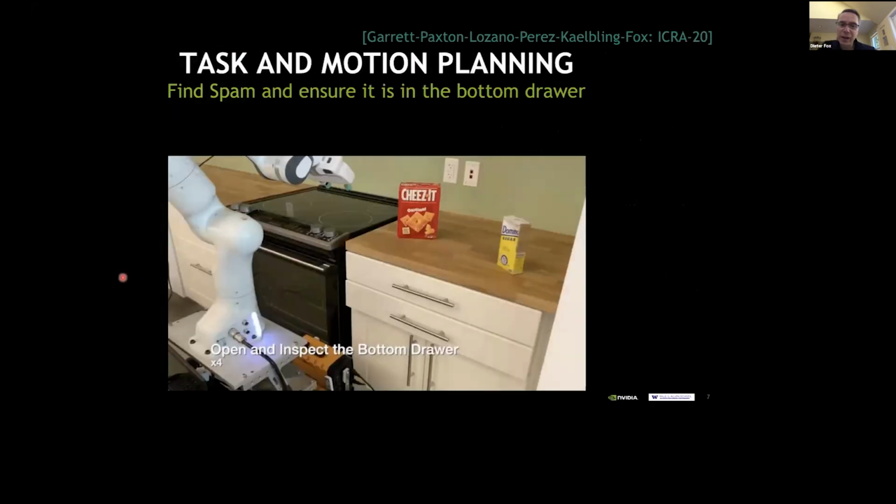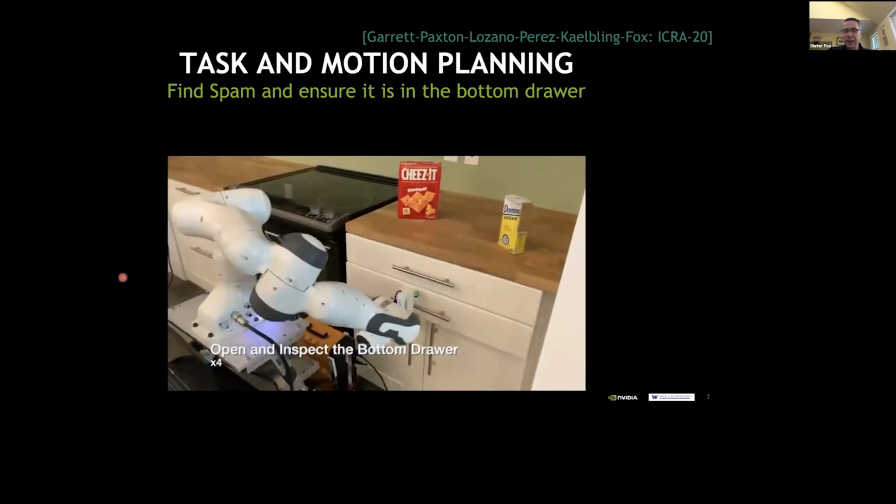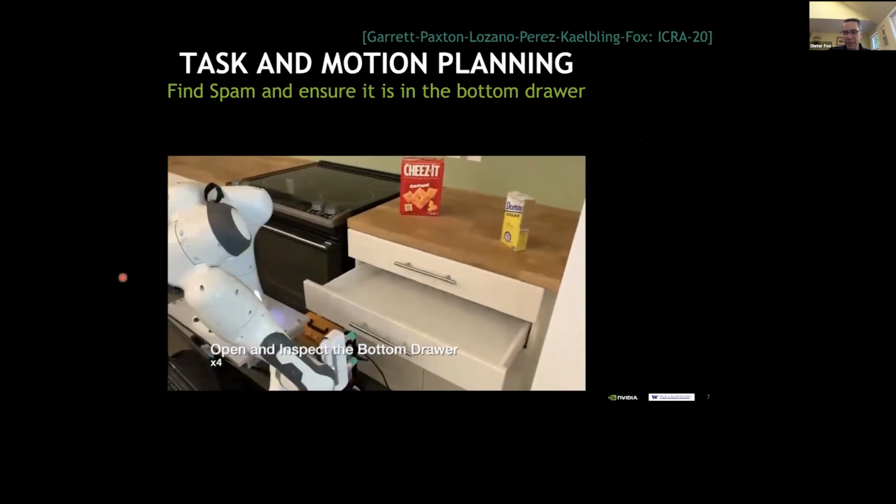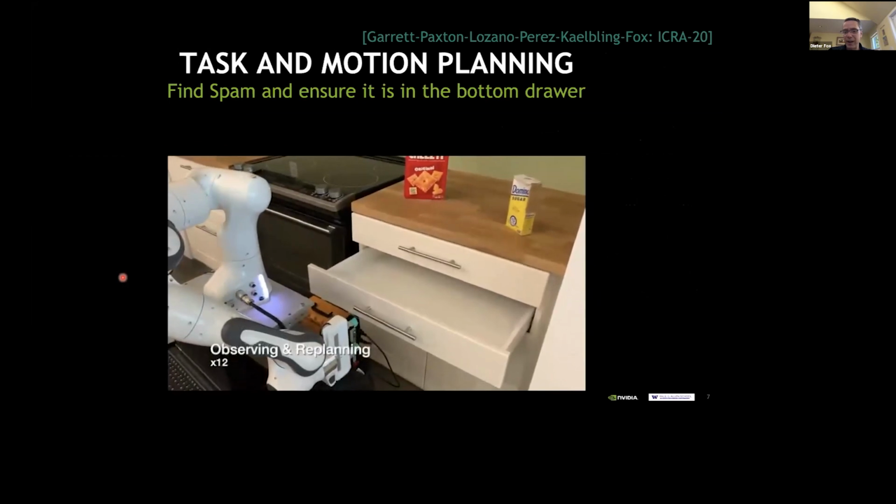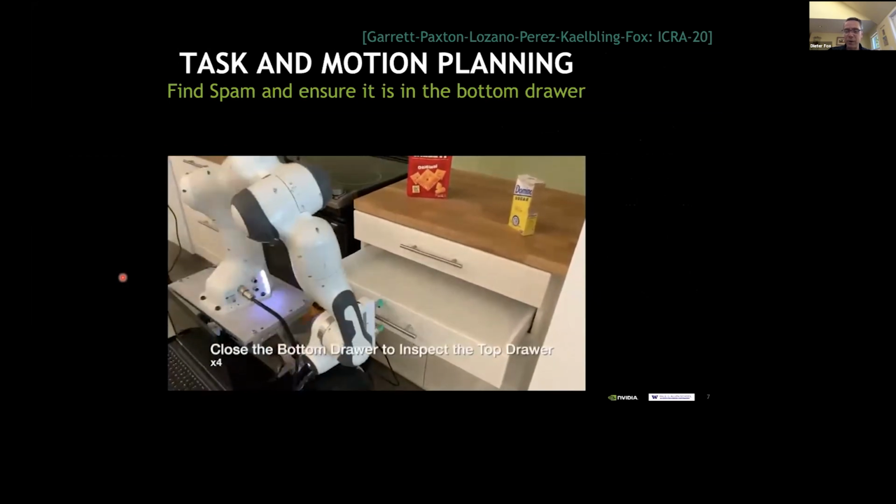Okay. This was done by Caelan Garrett in an internship, he's from Leslie Kaelbling's group, and we can really connect this with task and motion planning, where here, for example, the task is that the Spam box is in the upper or lower drawer, and the task is to find it and then move it into the other drawer. So these are the kind of settings that task and motion planning systems are extremely well suited for.